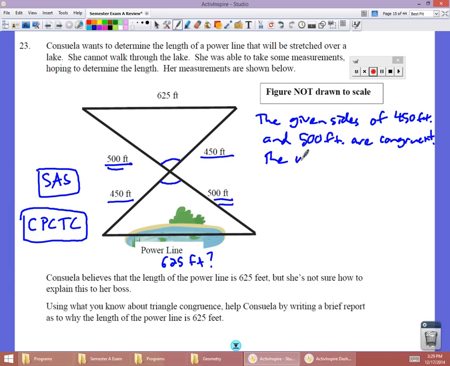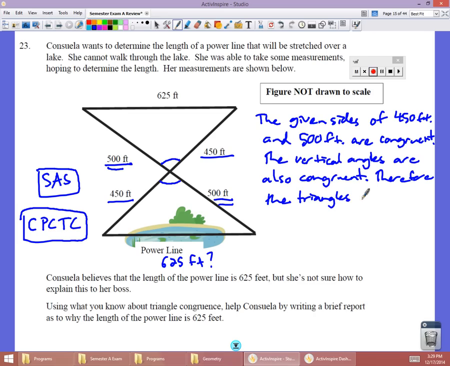The vertical angles are also congruent. Therefore, the triangles are congruent.